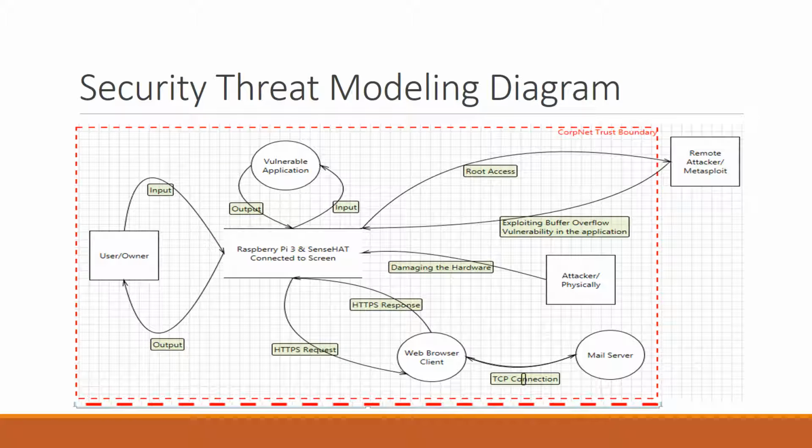Looking at a security threat modeling diagram, as you can see, the vulnerable application obviously exists on the Raspberry Pi and SenseHat. Now, a remote user or an attacker in the building can physically cause harm to the system.